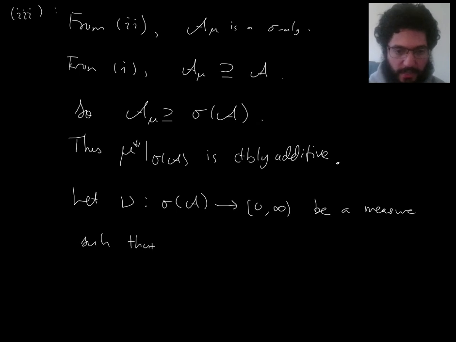And let's assume that it is an extension of mu. So nu restricted to A equals mu. Then our goal is to prove that nu was actually just mu star all along. And by mu star I mean the part of mu star that operates on there.